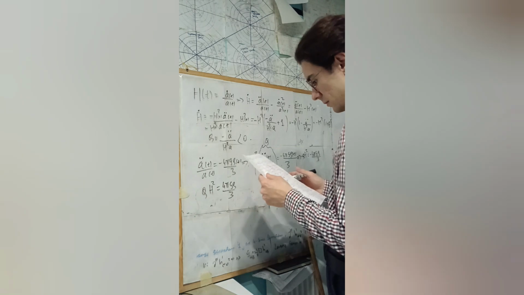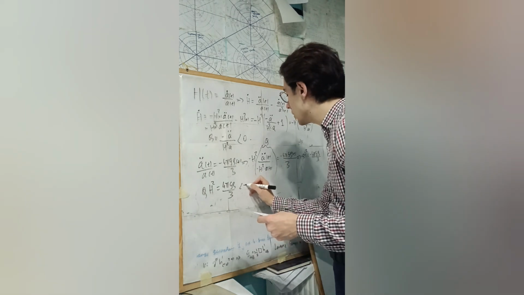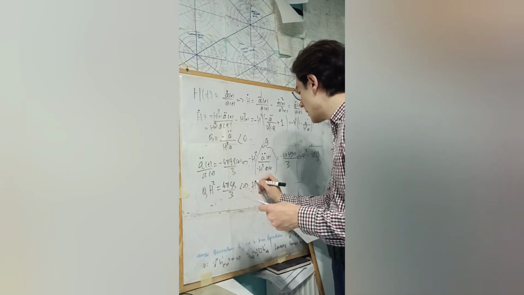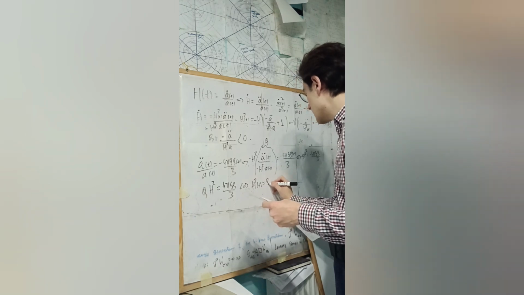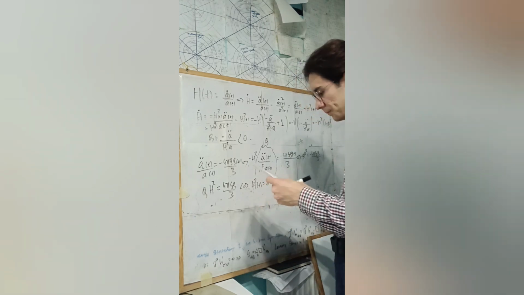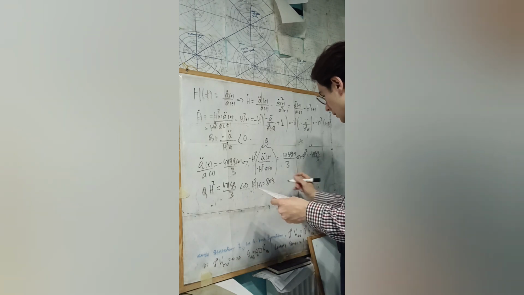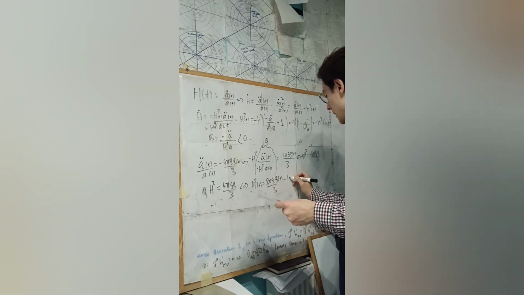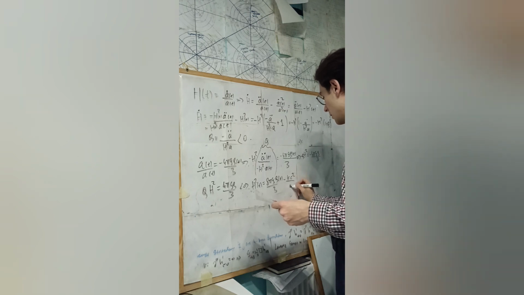Now I would like to go back to the first order Friedmann equation, which was h squared of t equals 8 pi g rho divided by 3 as a function of time, minus kc squared divided by a squared of t, right?